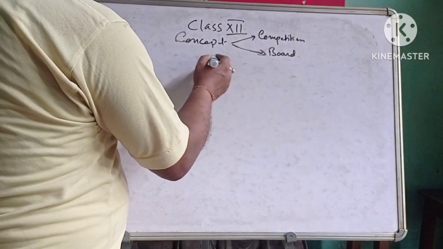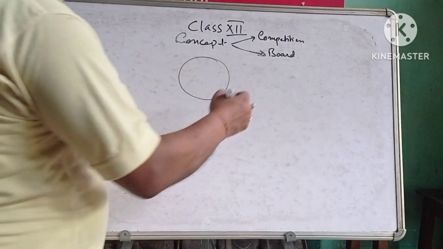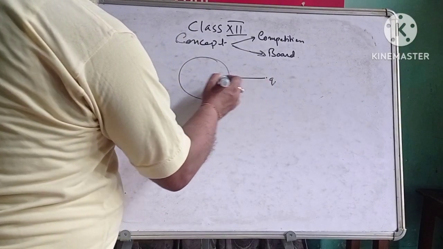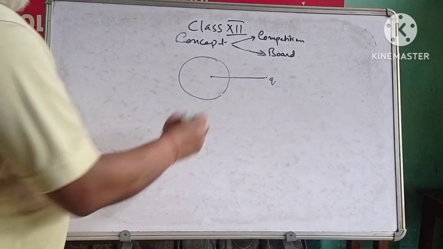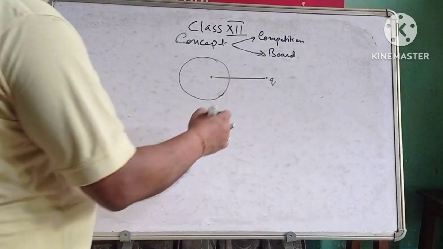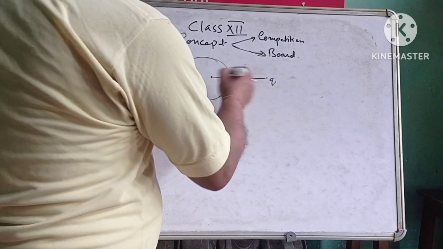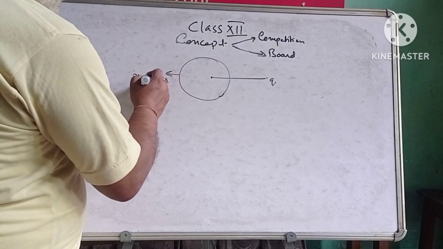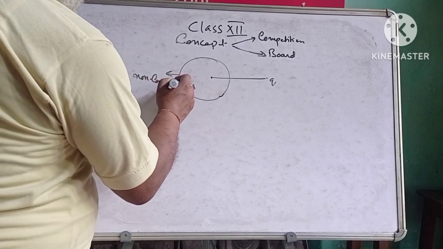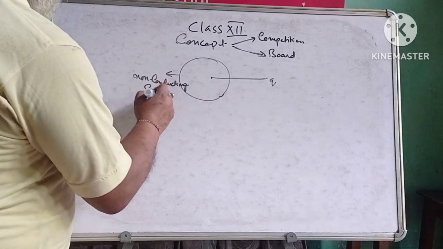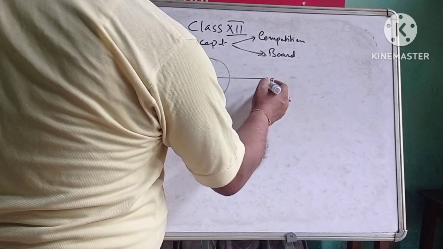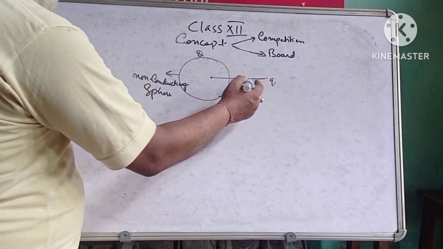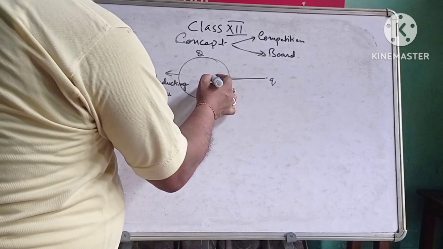Suppose this is a non-conducting sphere and a charge Q is moving with some velocity and has entered to this distance somewhere here.